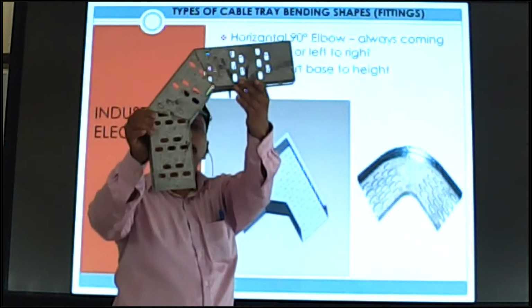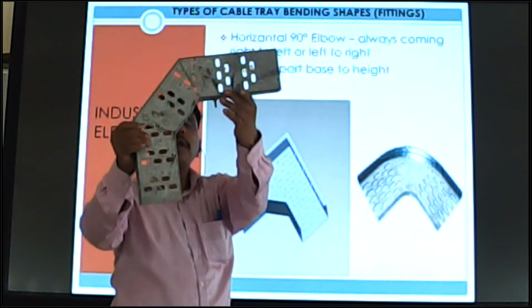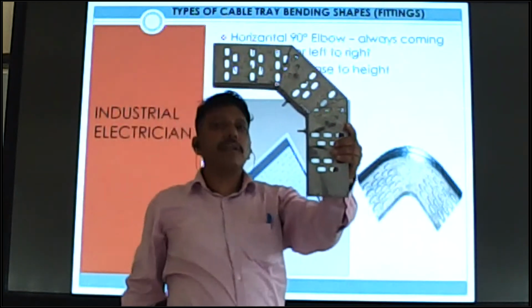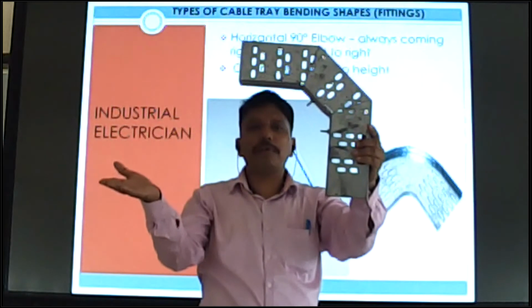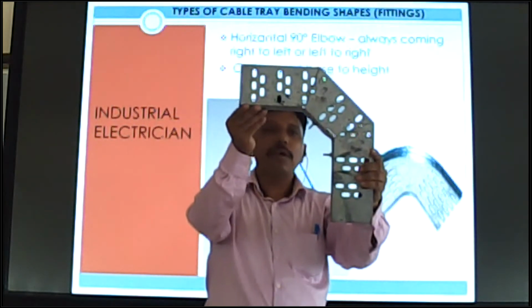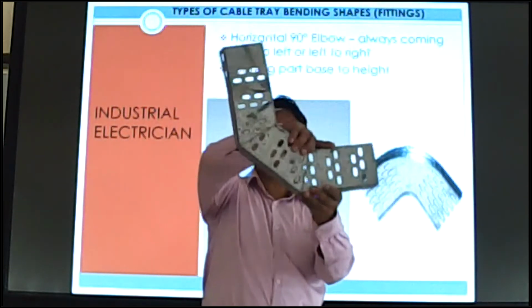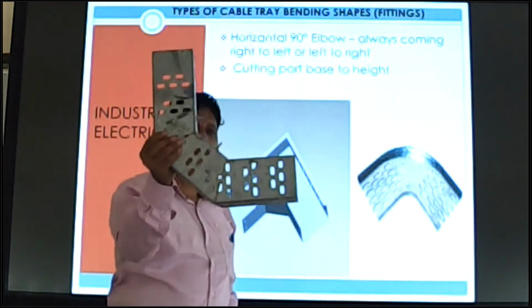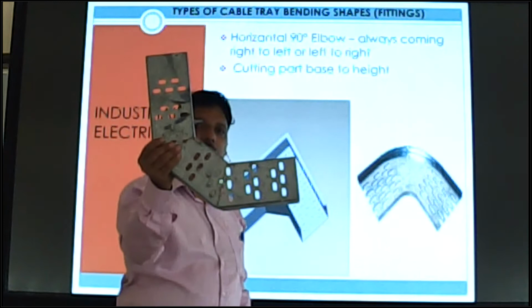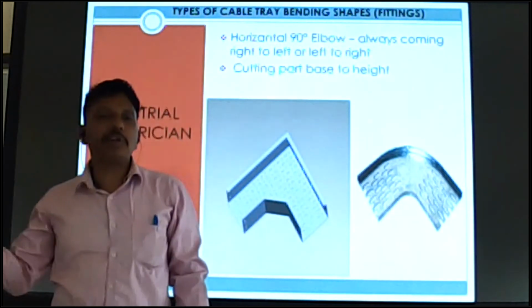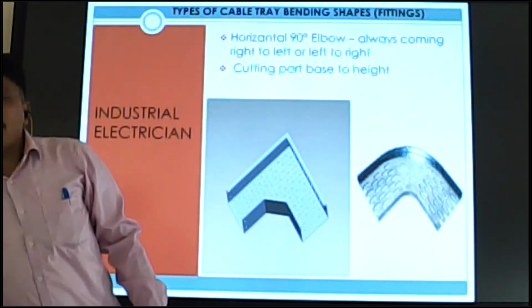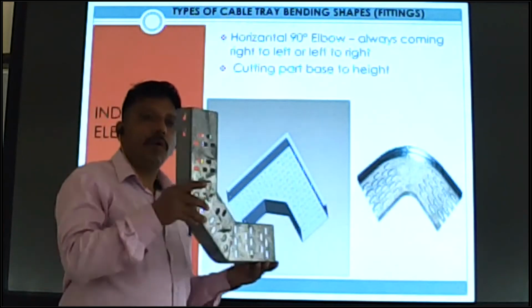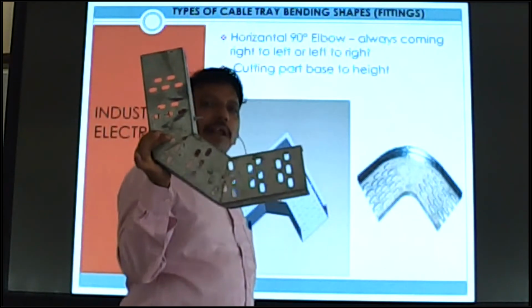This type of 90, we can make it like that, any type of direction where you want to change, right to left or left to right. If the direction is changed in the cable tray route, right to left or left to right, we can use horizontal 90.